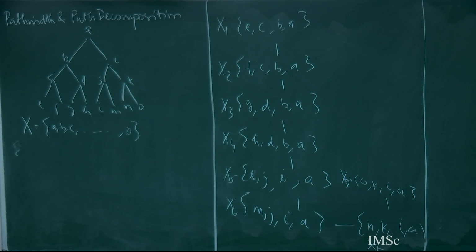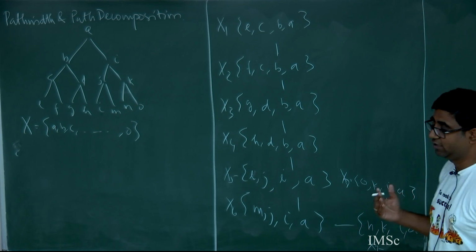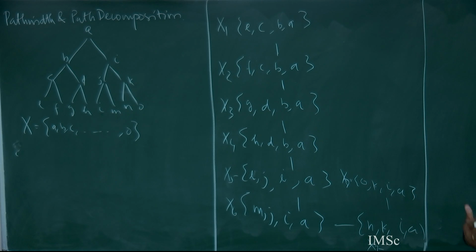So basically, if you had a complete binary tree of depth k, then this gives us a path decomposition of width k minus 1. And in fact, we will define something very soon for which this decomposition we will be able to make of width 1.